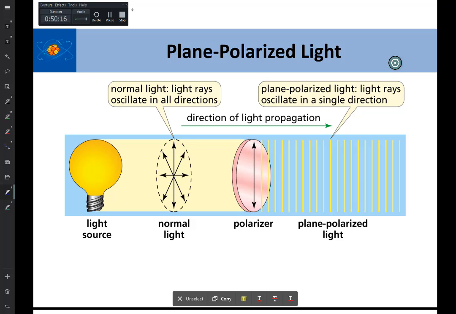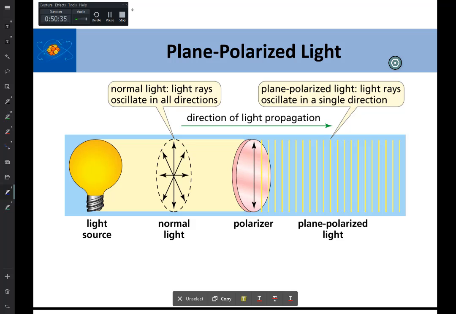The electromagnetic field is going like this and like this, and the physics people are going like this and this, but that's okay, that's the idea. You get all degrees of polarization.